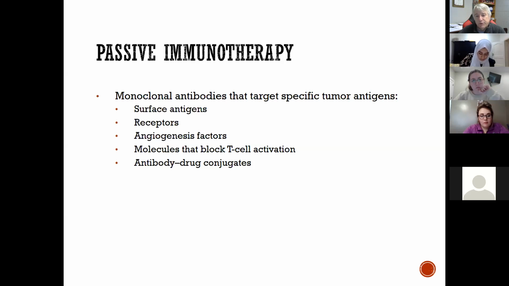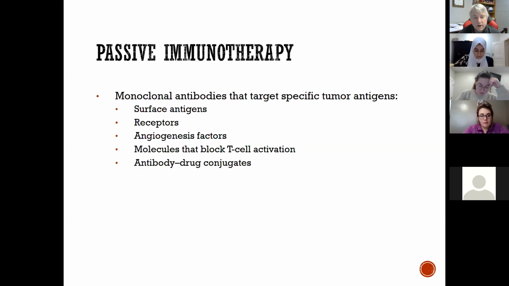That antibody goes in and starts to bind to the tumor, and that brings the immune response to the area, just like it would if it found the antigen and we produced our own antibody. And since it's monoclonal antibodies, we can give this in large doses. We don't have to wait on our body to produce these.